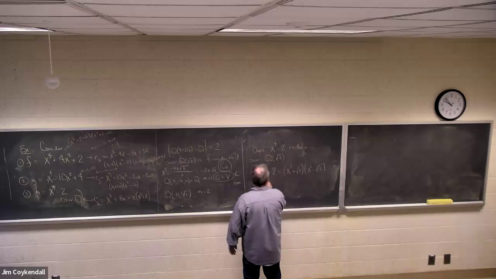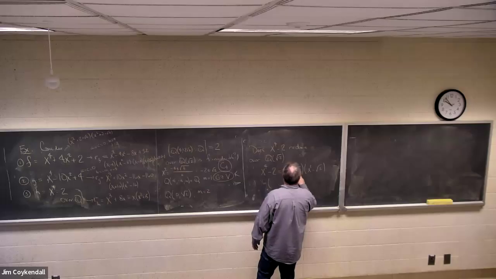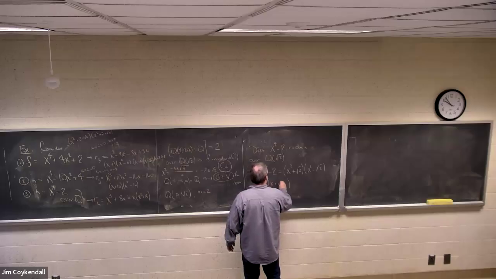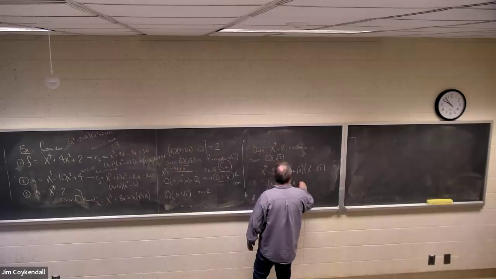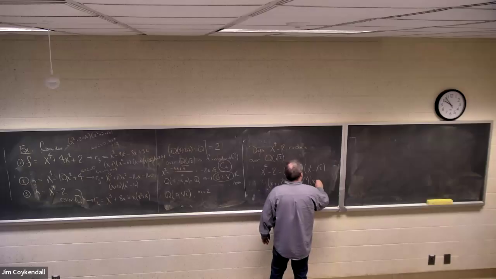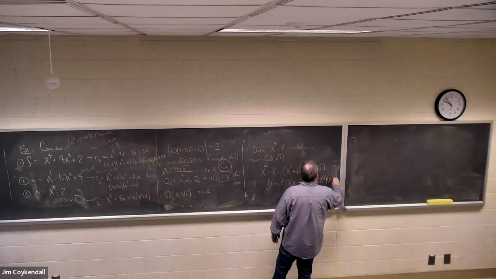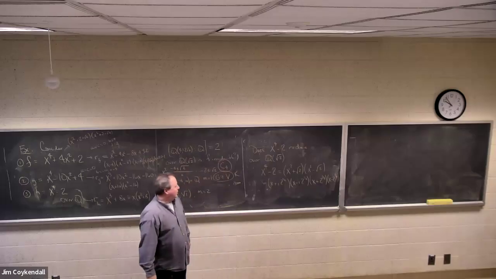And so this is like x plus i 2^(1/4), x minus i 2^(1/4), x plus 2^(1/4), x minus 2^(1/4). I agree with the 4 roots.